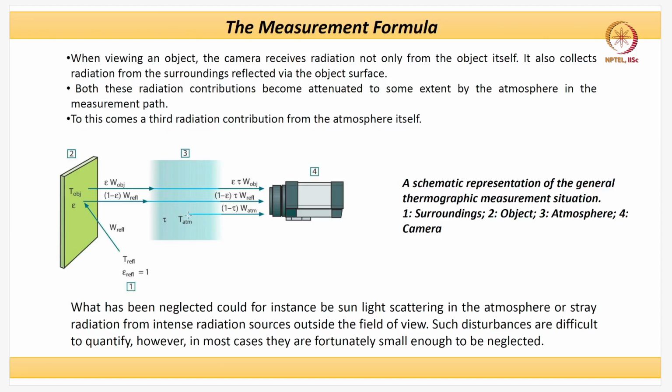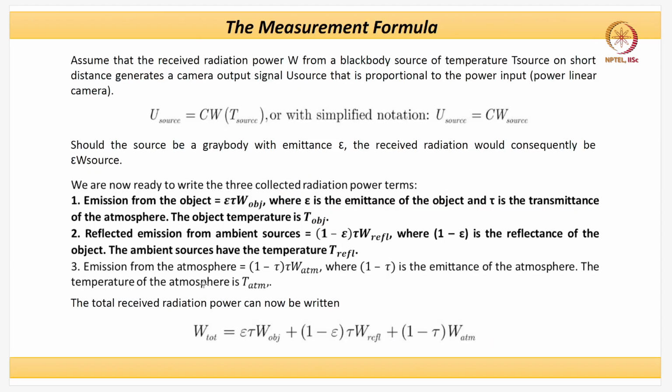Then the atmosphere itself contributes to a great extent, because it can also radiate. So we are neglecting sunlight, stray light, and any other radiation sources that can be there in the vicinity. So it collects radiation from all the possible objects.